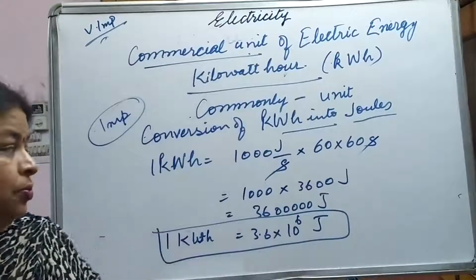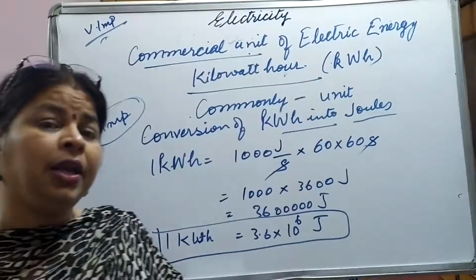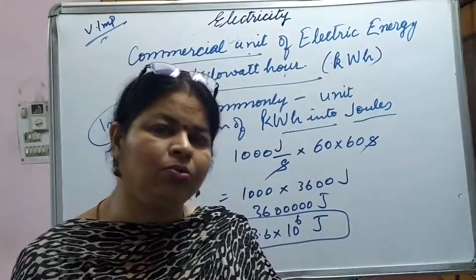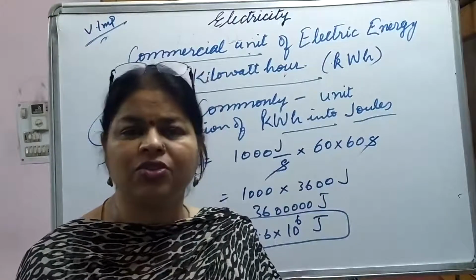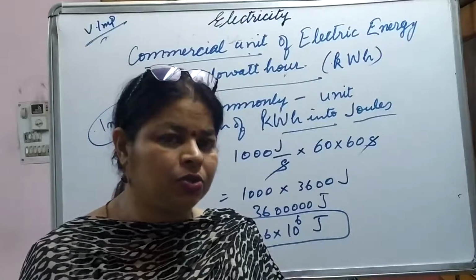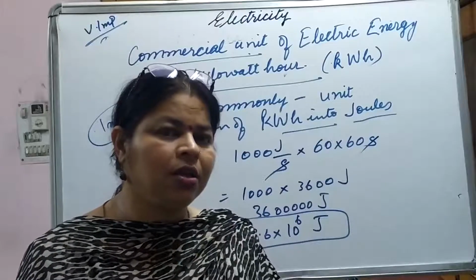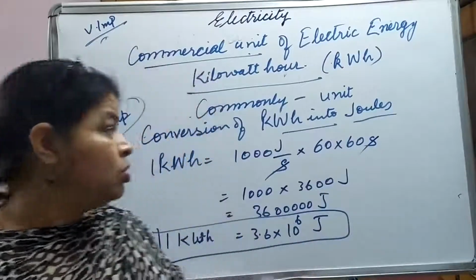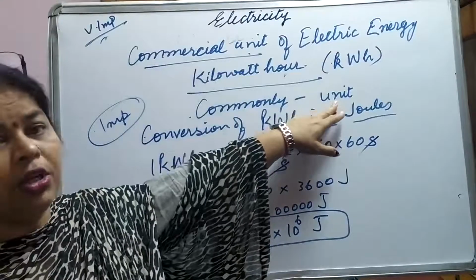Now when our electricity bills are generated, you might have seen, or your parents talk about how much electricity has been used. They say some number of units. That unit is what we are talking about.